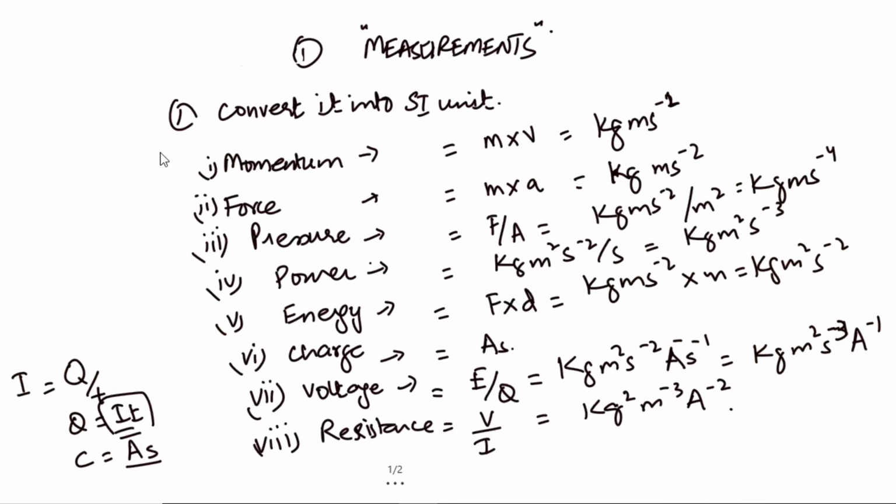So resistance is V over I, that is voltage divided by current, and that equals kg m^2 s^-3 A^-2. Since I is over here in division, that's why it becomes like this.